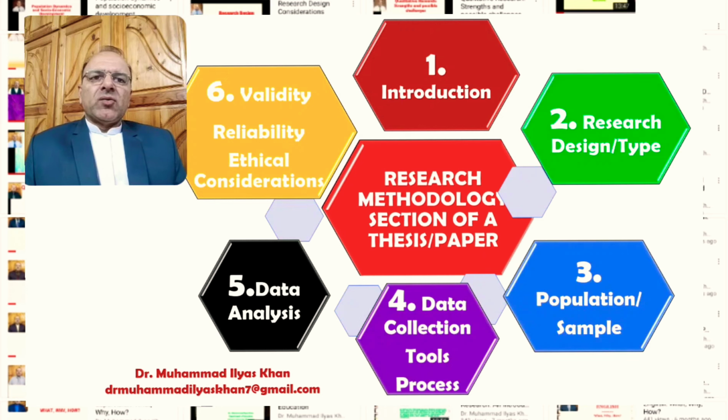Similarly, reliability of our research tools and our research processes is also very important. And so we need to describe what measures were taken in order to ensure that our data and our analysis processes are reliable. And lastly, the most important consideration is the ethical considerations.